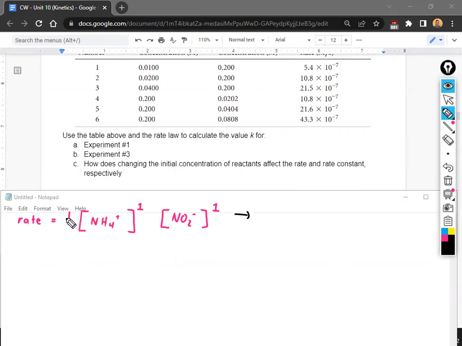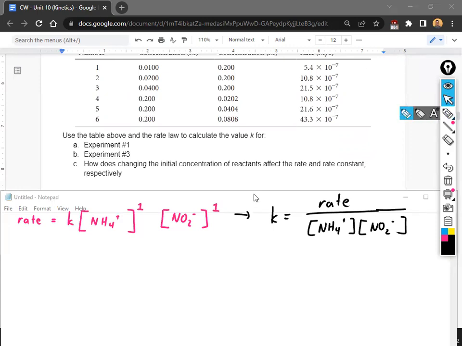If I'm going to isolate K, I can just divide by the concentrations of our two reactants, and that will give us K. So we can rearrange this equation to be the rate divided by the concentration of NH4 plus, and power of 1 is just the same thing as the value that we have, and NO2 minus. Okay, so if we have this equation, it'll be a little bit easier to solve for the K value.